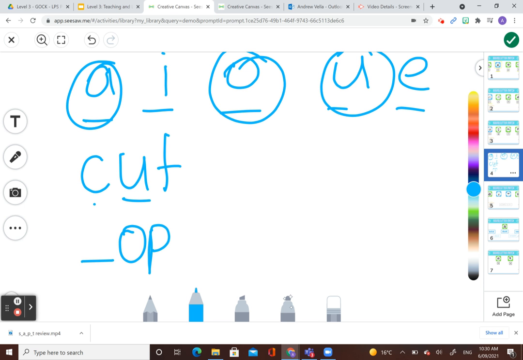Because I have a letter O, that means I need to use C. Let's say the word is cat. Again, I do hear that k. I hear the short vowel at. So, again, because it is an A, I need to use C, not a K.